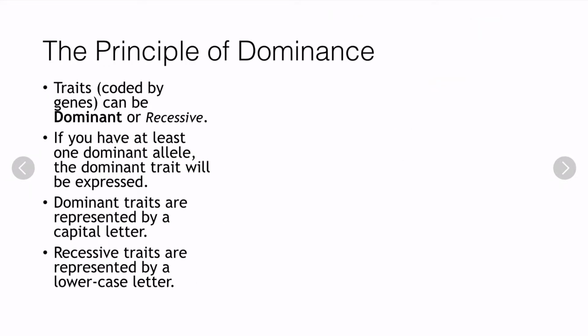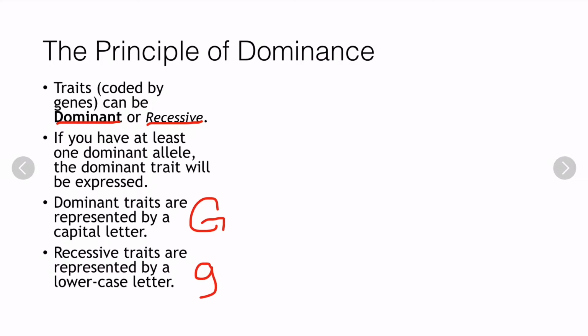All genes are either dominant or recessive, according to the principle of dominance. If you have at least one dominant allele, the dominant trait will be expressed. Dominant traits are represented by capital letters, and recessive traits are represented by lowercase letters, okay?